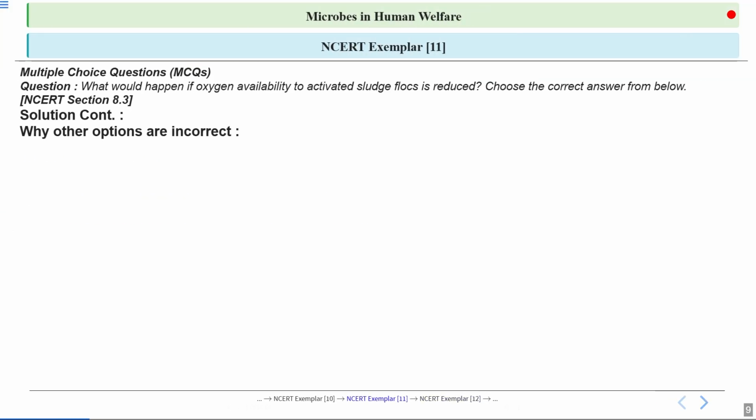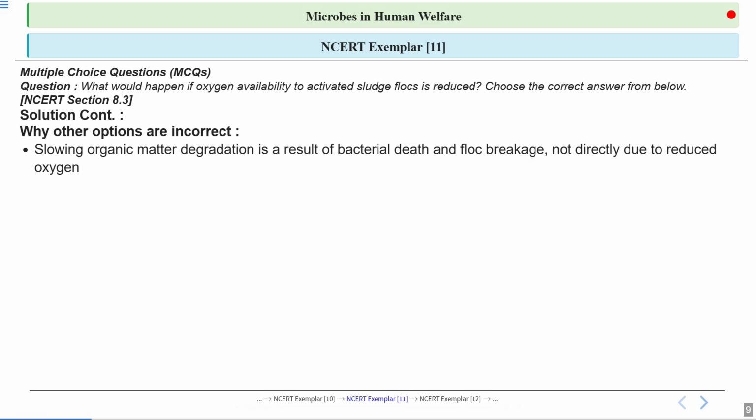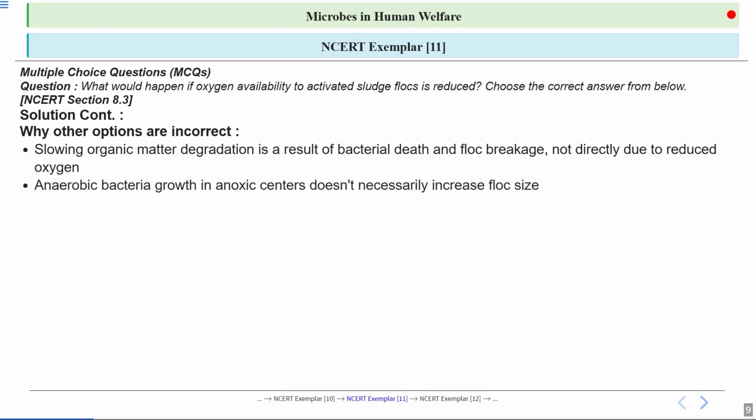Clear? Let's have a look at the other options, why they are incorrect. So, first one, slowing organic matter degradation happens because the bacteria die and the flocks break apart, not just because of reduced oxygen alone. Second, while anaerobic bacteria might grow in areas without oxygen, this doesn't mean the flocks get bigger.